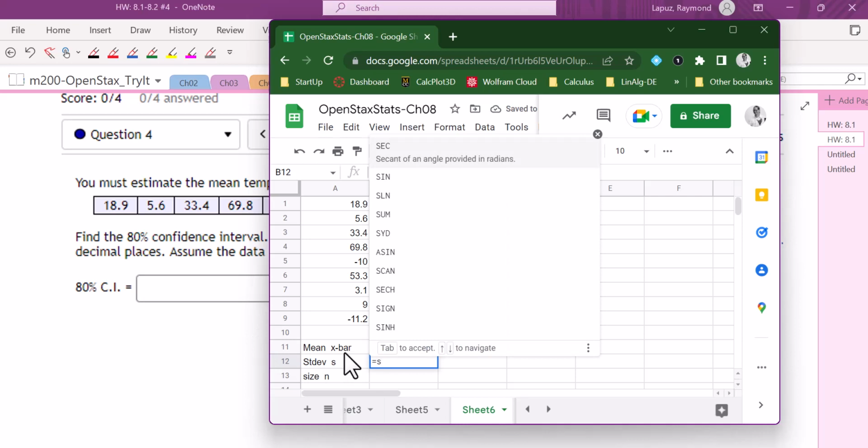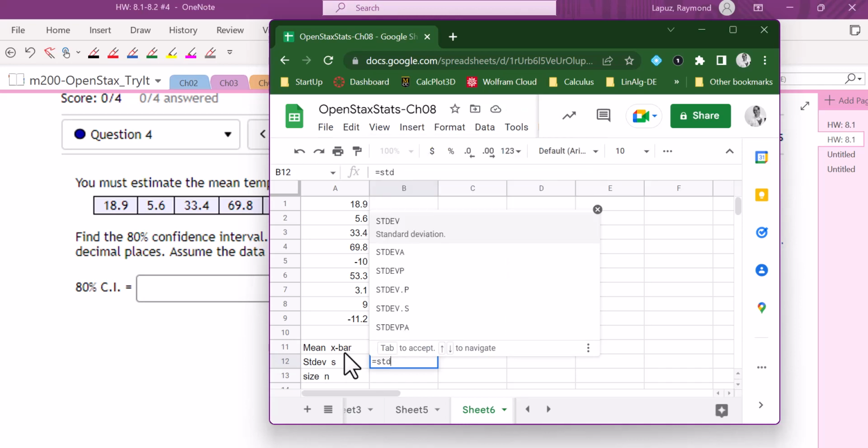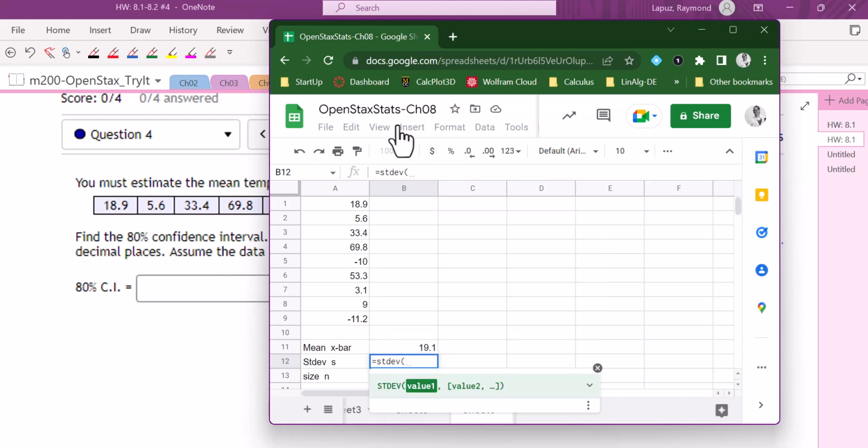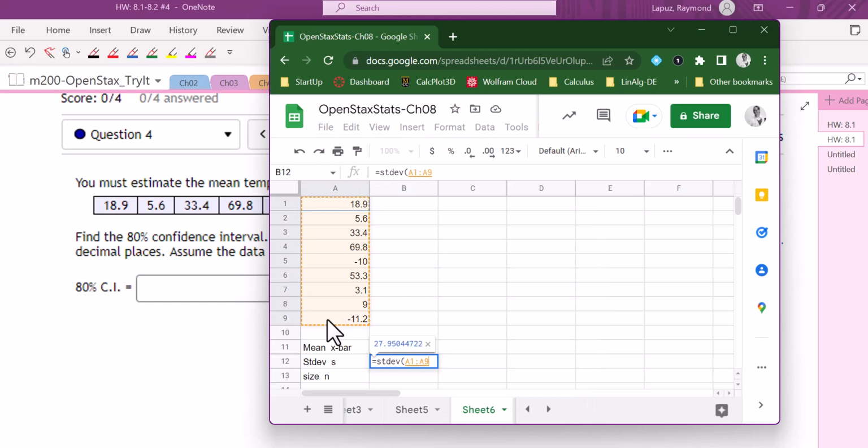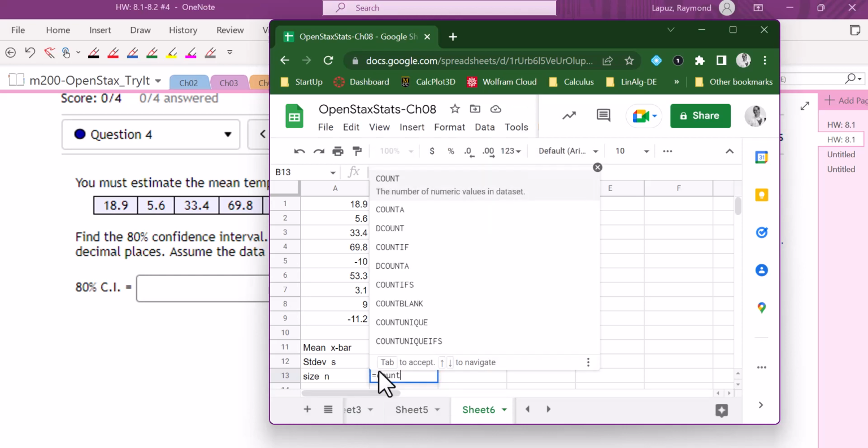Standard deviation equals STDEV. And then there's options here. Technically, you're looking for the standard deviation of the sample, but if you just do regular standard deviation, STDEV, that'll find the correct sample standard deviation that we want. And then our sample size is, well, you can count down here and you see 9, but if you want Google Sheets to count it for you, the command is equals and then COUNT.